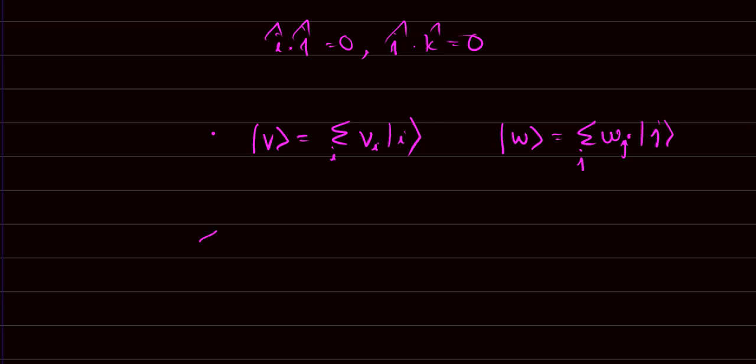Now if we take vw, right, it will give us, by the first axiom, the summation over i and j, where vi will be conjugated and wj will be like this. We know them from the axioms, so this is our inner product, how to calculate it.